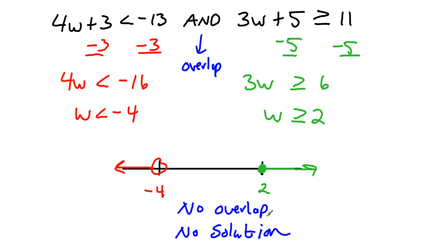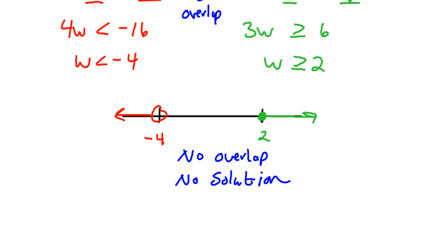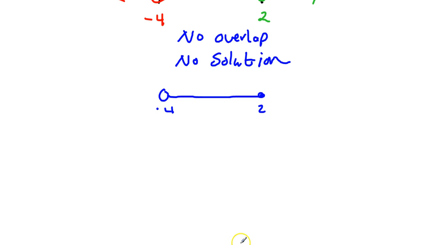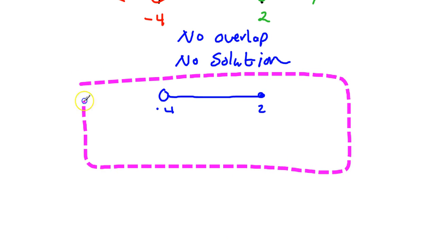Now, if you had had a solution, they probably would have asked for the answer in interval notation. So let's just for a moment pretend the answer had been between -4 and 2. If you had graphed that and that had been the answer, then that solution would have been -4, 2, and you would use the parentheses with the -4 because it's open circle.